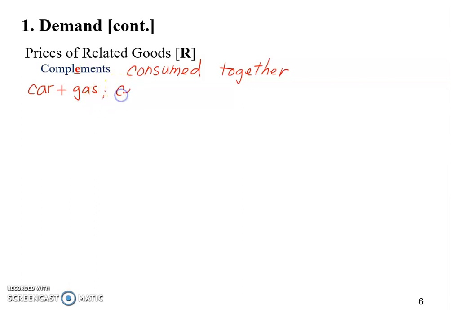Or your cell phone and charger, right? And your left shoe and the right shoe. Okay, a lot of examples you can come up with from your real world life.